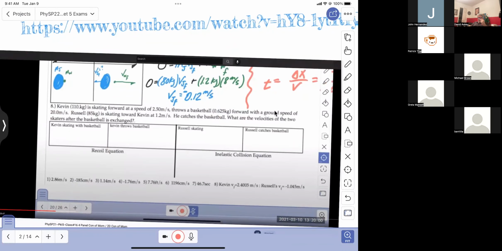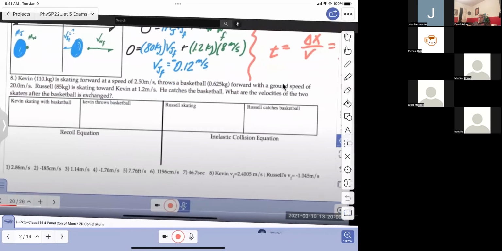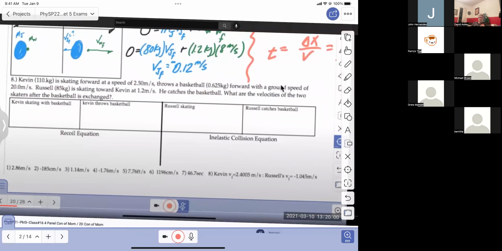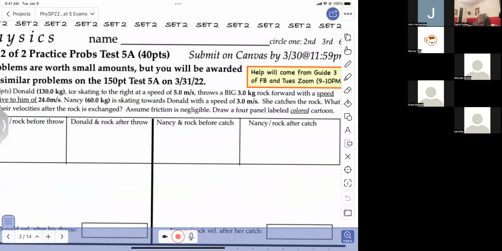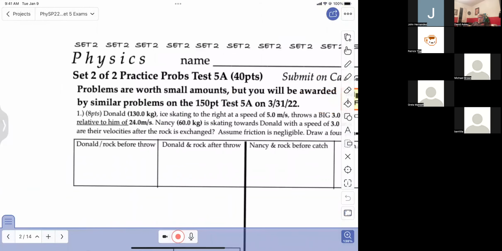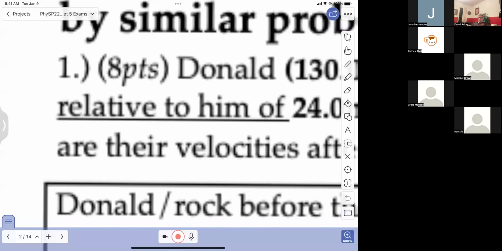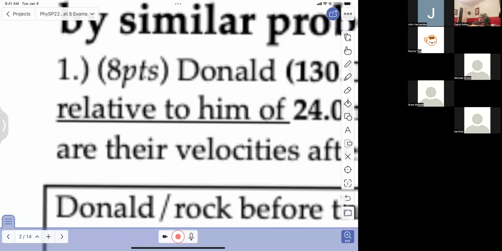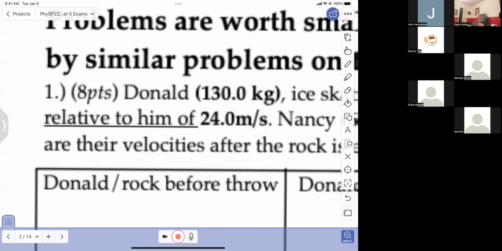But this on the YouTube, it's Kevin and Russ with a ground speed of 20 meters a second. So the YouTube example is like the one in class, but remember the big difference here is Donald throws the rock with a speed relative to him of 24 meters per second.